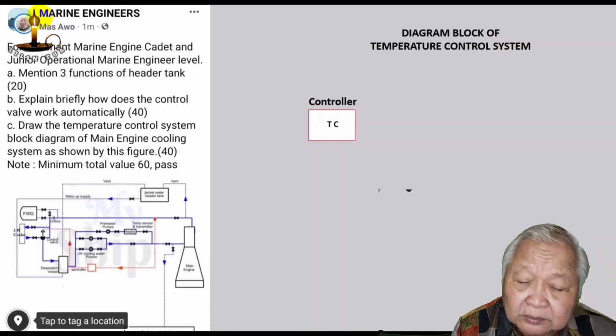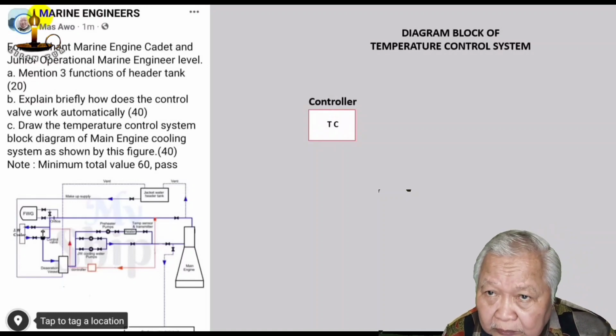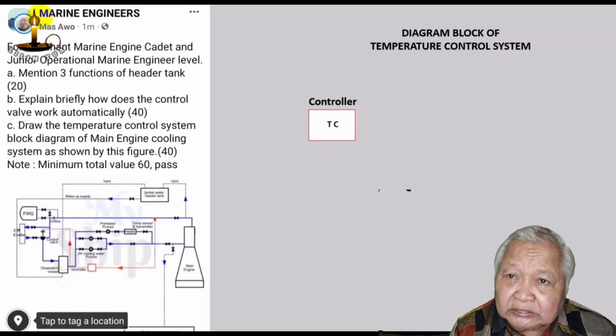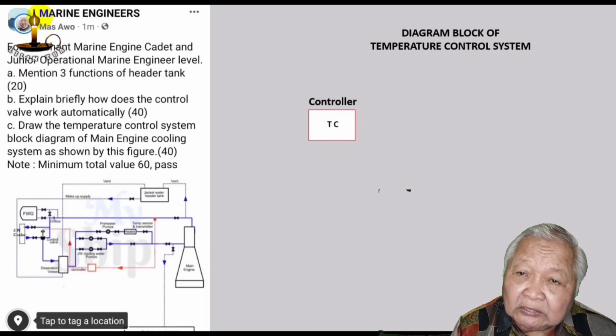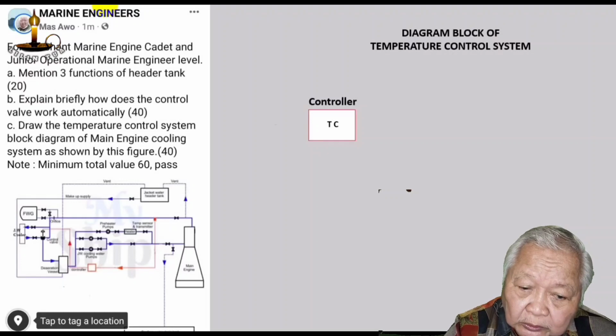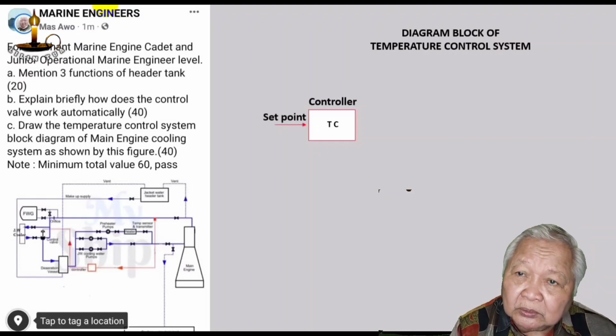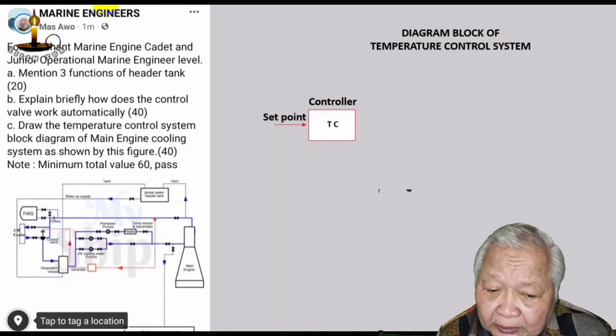The controller is for temperature. This controller is called the temperature controller, or TC. This controller gets a set point to determine the desired value.